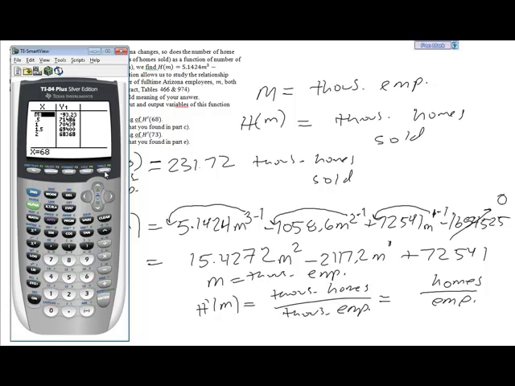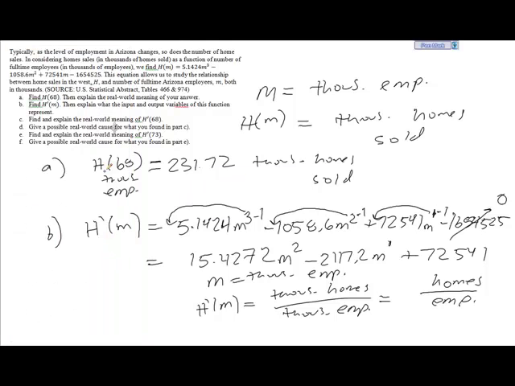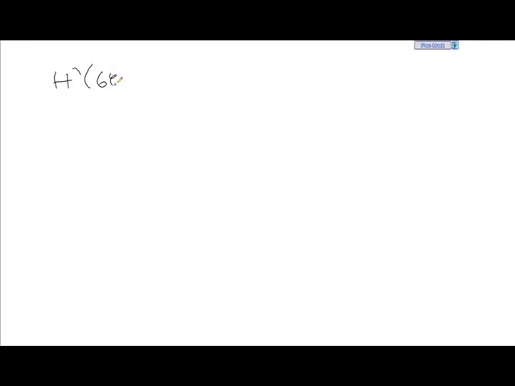Second graph. And now I want to know h prime of 68. And it looks like h prime of 68 is a negative number. So h prime of 68 is negative 93.23. Now remember, this is homes sold per employee. So what does this say?